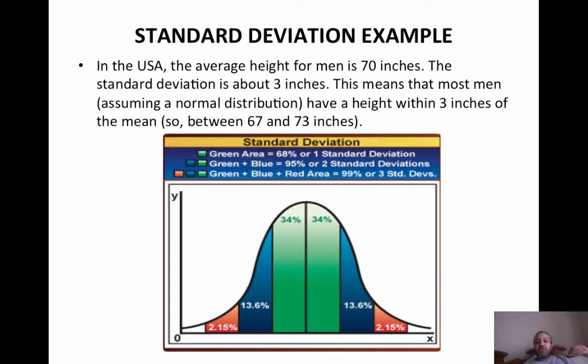So there's only a 0.5% of American men taller than 6'7". Okay. But in this example, just add up the 50 plus and add 34. So 84% of men in the United States are at least 67 inches tall.